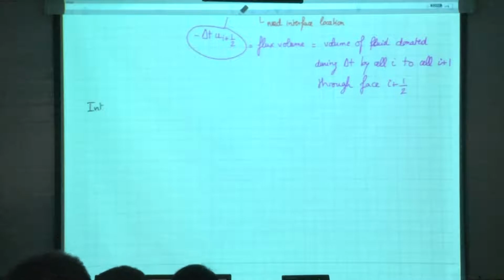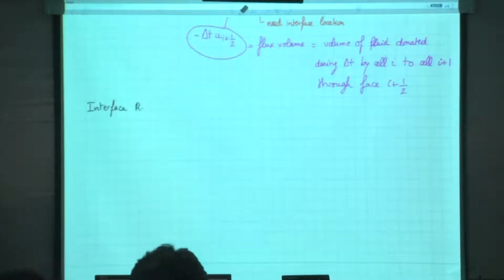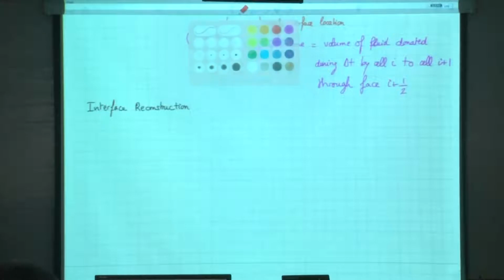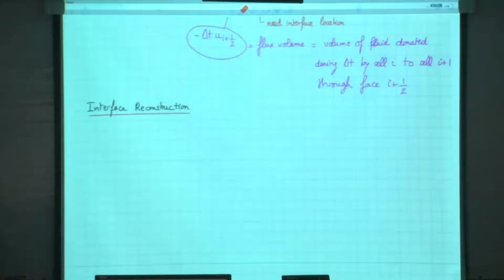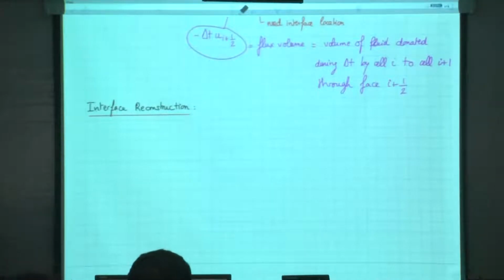Interface reconstruction. So the main reference for this. First, let me mention that we talked yesterday morning about simple interface calculation, where we're using either vertical lines.